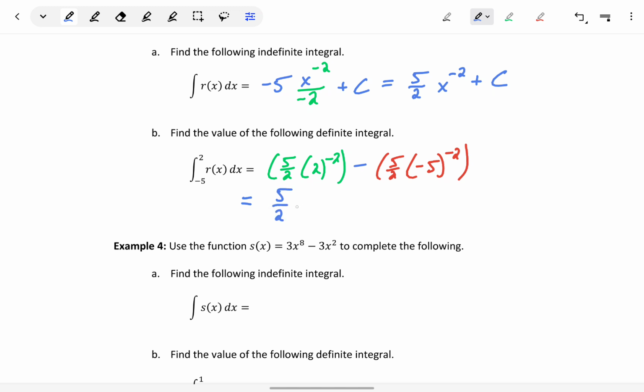This will give us 5 halves times 1 over 2 squared, which will be 4, minus 5 halves times 1 over negative 5 squared, or 1 over 25, which will give us 5/8 minus 1/10, or 0.525.